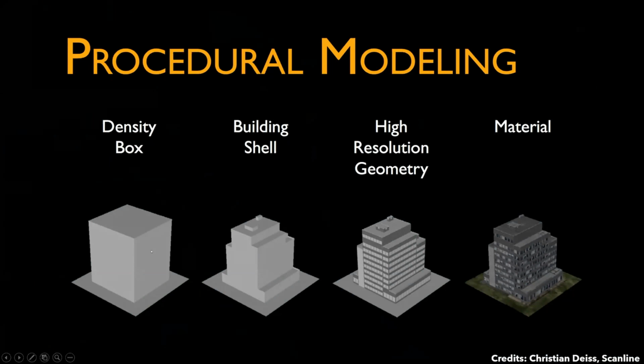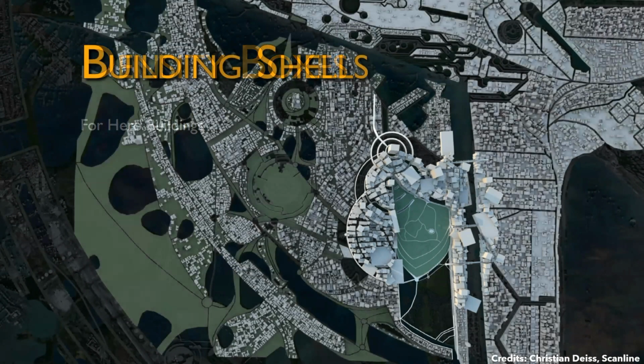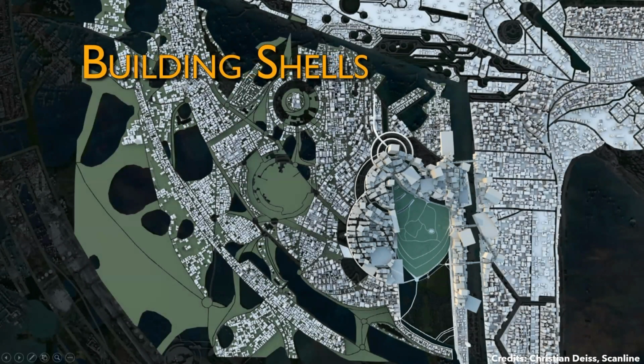And they used these to build up the city. So they had these density boxes for hero buildings. They just used the extrude command in CityEngine to get a feel for the hero area and how dense it would look. And then they used the pre-modeled building shells and distributed them again with the CGA language.